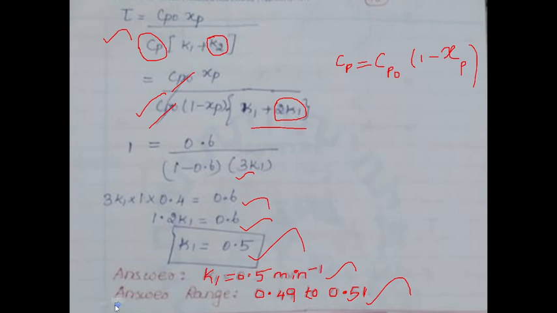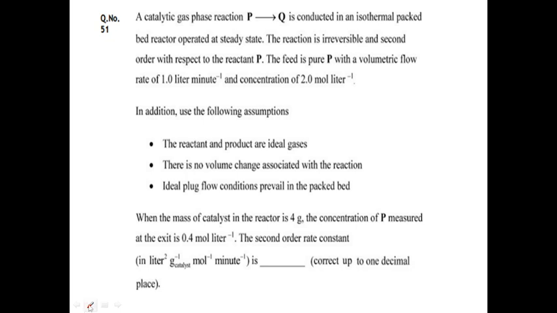Are you clear? So, question number 51. A catalytic gas phase reaction P gives Q is conducted in an isothermal, that is constant temperature, packed bed reactor operated at steady state.